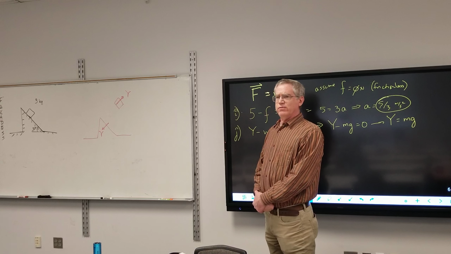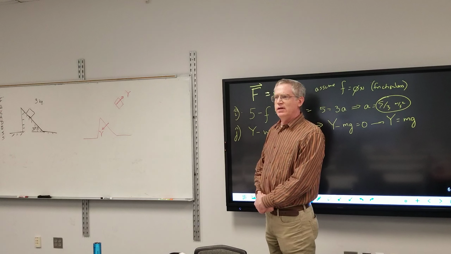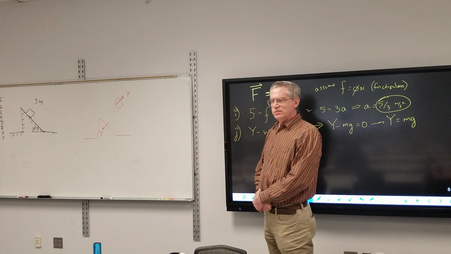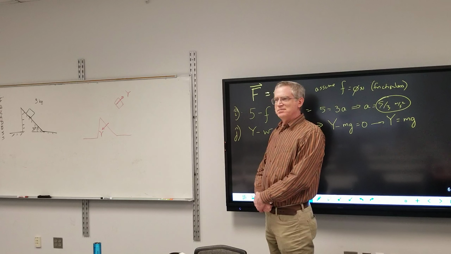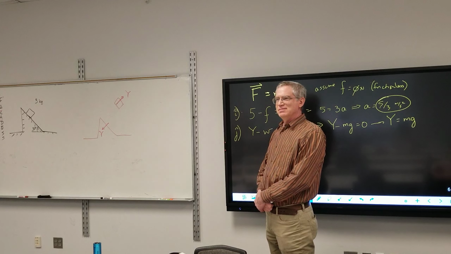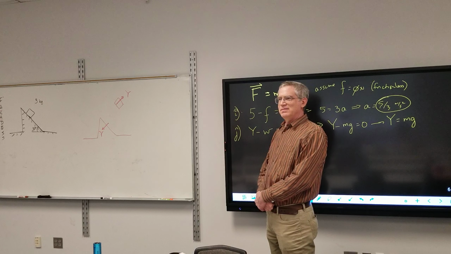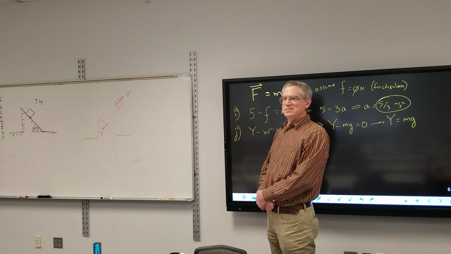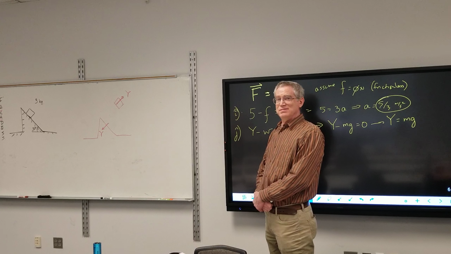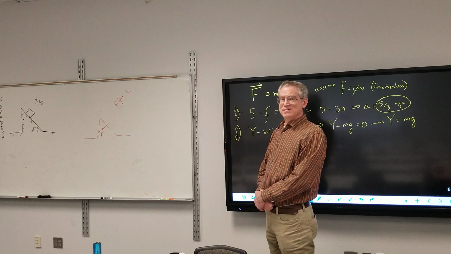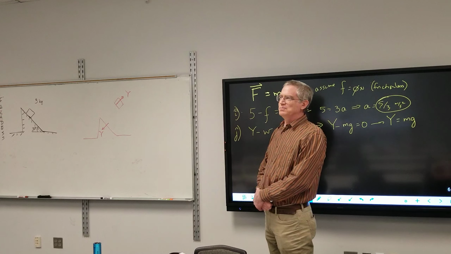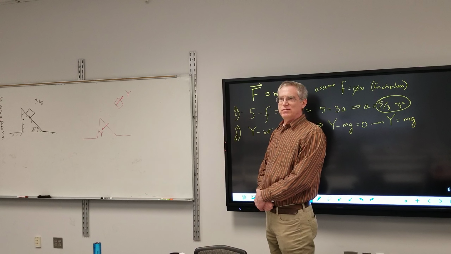All right, what's another force? Gravitational force. Acting which way? Down. Why? Didn't mean to stump you with that one. Isn't that the only direction it goes? Let's be careful about that.